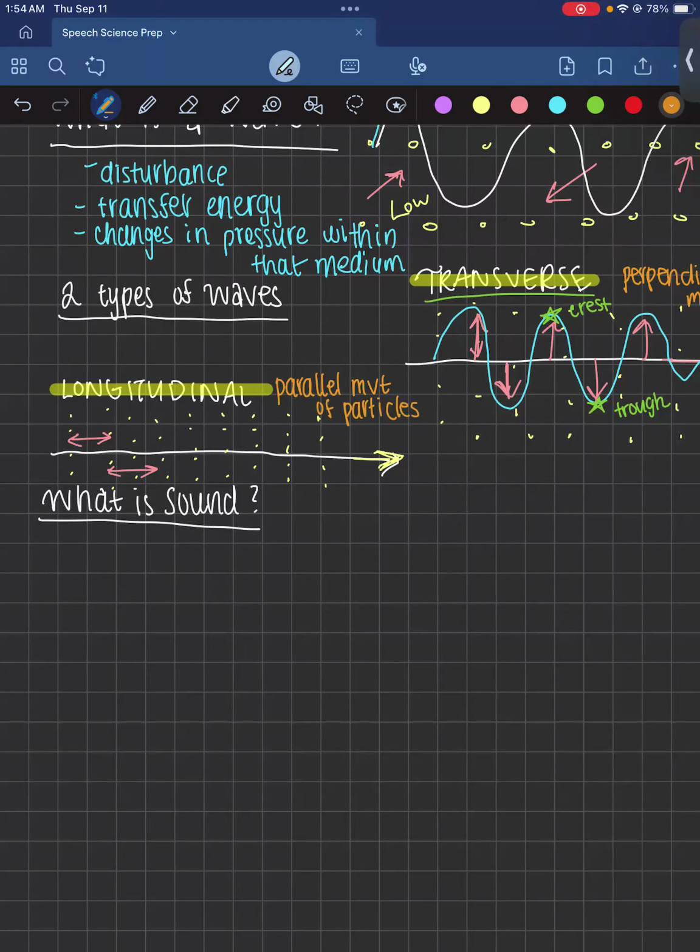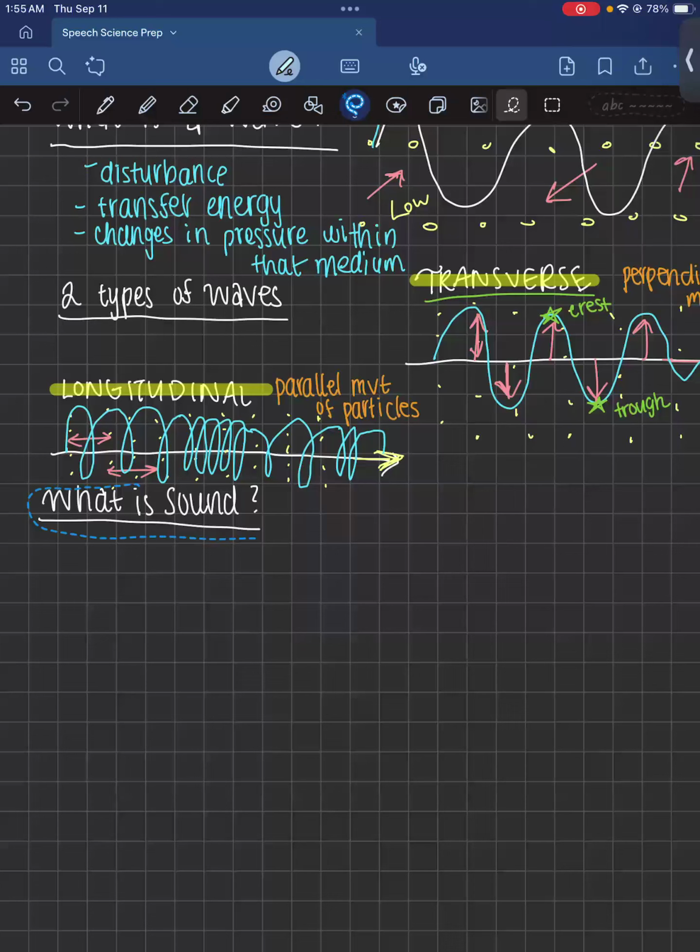And so the best way to visualize this is to imagine that a longitudinal wave is kind of like a spring, where you have these places where the spring is really spaced out, and then you have other places where it's really close together, and then it may be in between at some point. So you'll alternate through these regions.